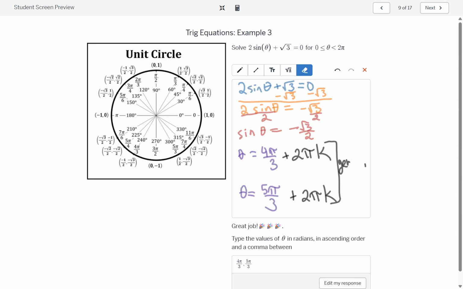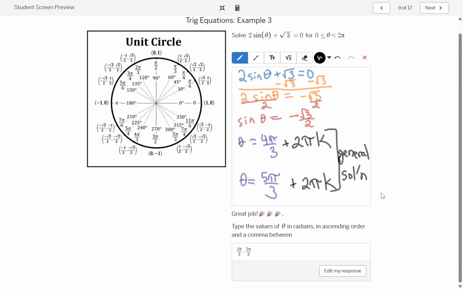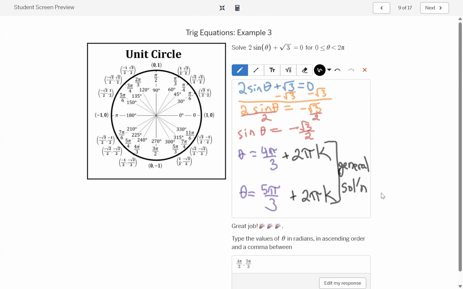So this is the general solution. And just the 4 pi over 3 and 5 pi over 3 are the particular solutions in our 0 to 2 pi range.